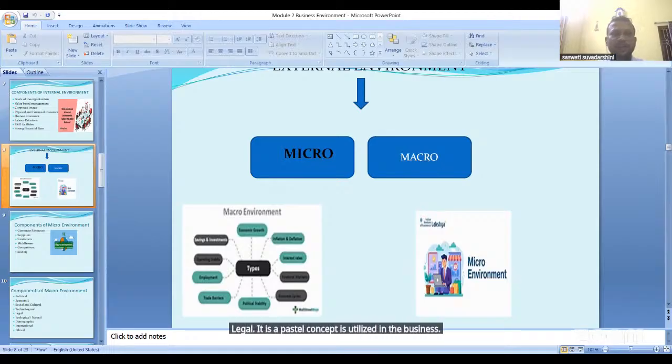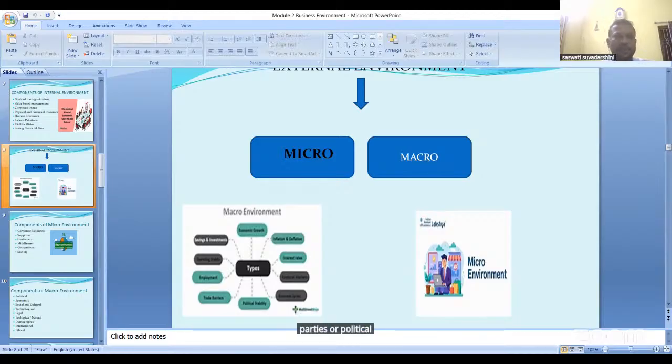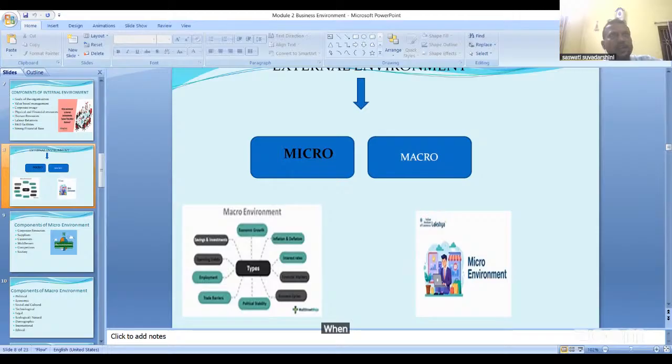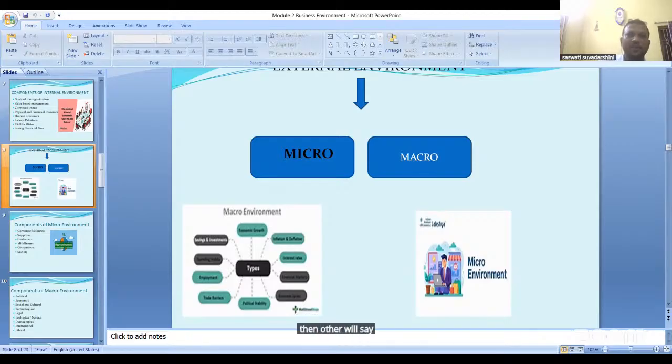So we are accepting that, and accordingly we have to plan our business activities so that our business will run successfully. See how political parties or political influence affect your business. When you are running a business successfully and the political party changes, if you are inclined towards a particular party, then others will say this company is associated with that political party.